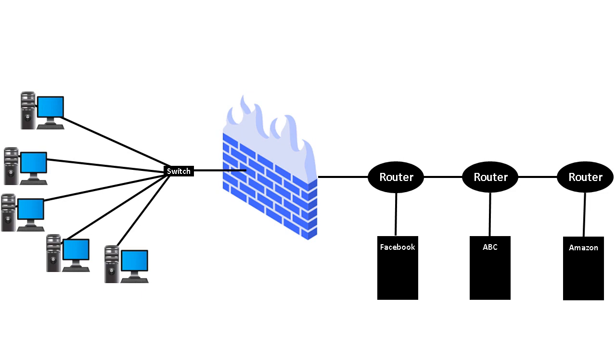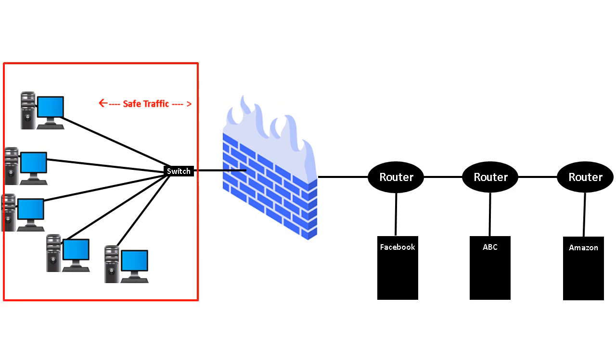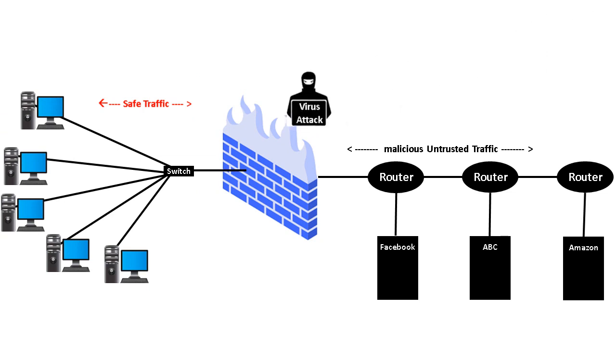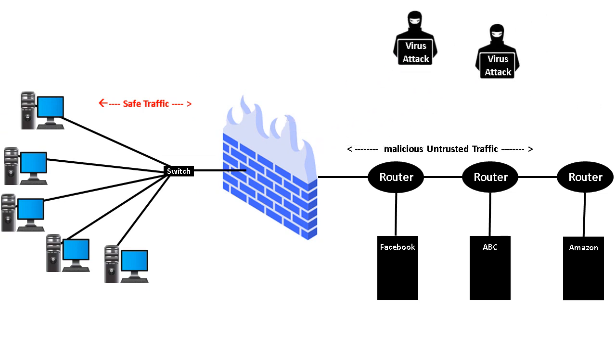The hardware firewall allows non-threatening traffic inside an internal private network and prevents malicious or unwanted data traffic of the external public network, protecting the computers of the organization from viruses and several attacks.